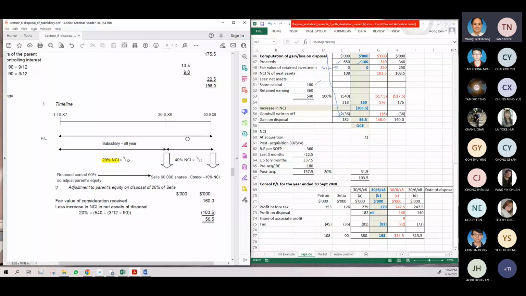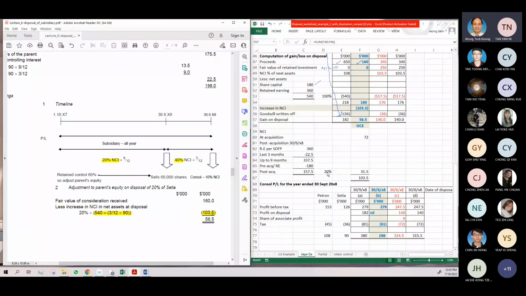You have to compute your net asset up to 30th June, which gives 103.5. The alternative way: 540, minus your 3 months, and 20%. This is the same as what I have here, 103.